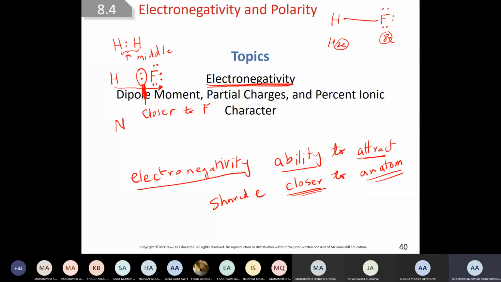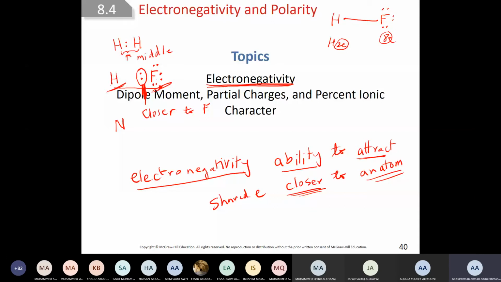So let's look at HF. Which one is more electronegative, hydrogen or fluorine? Fluorine. Fluorine is more electronegative. Why are you saying this? Because of the way I drew it.